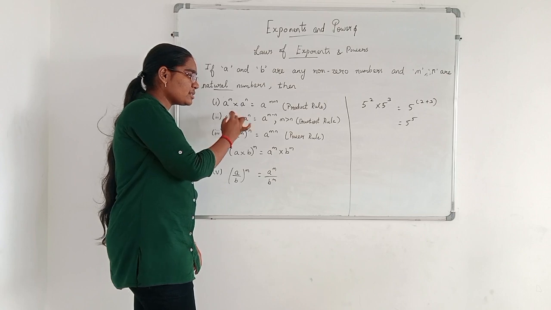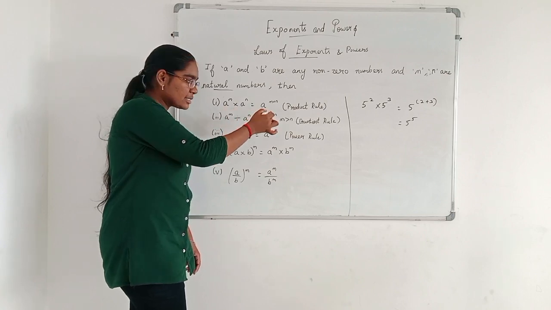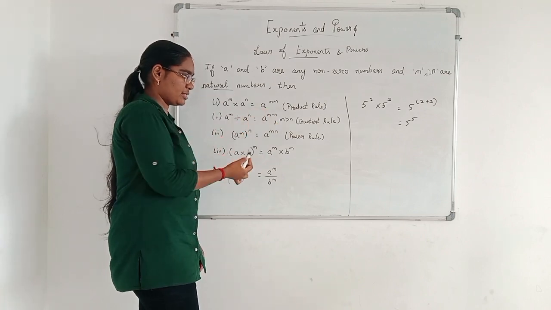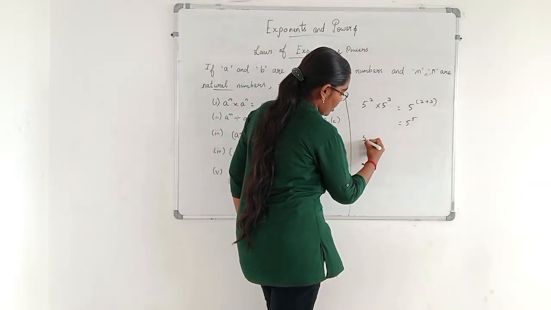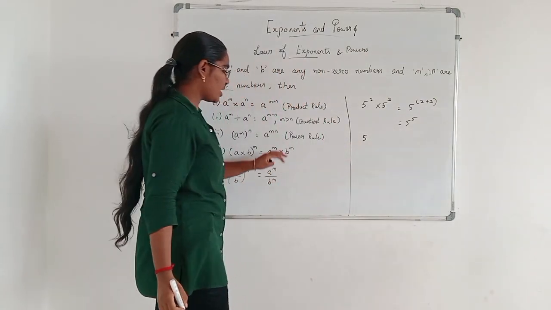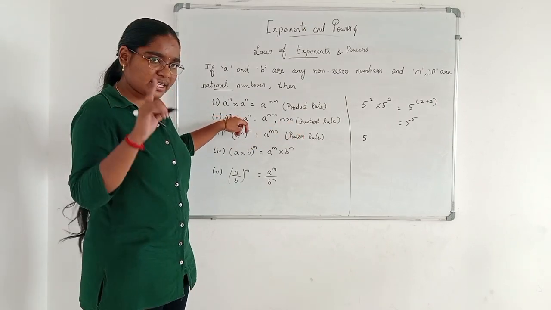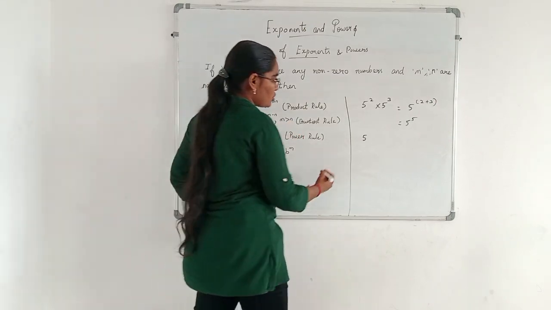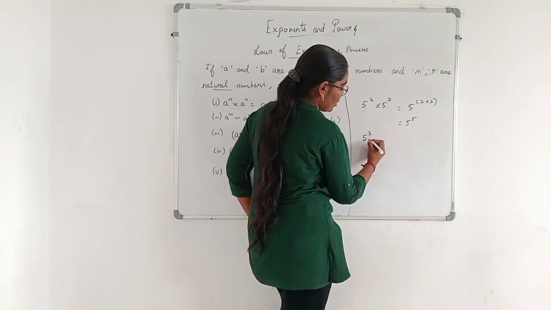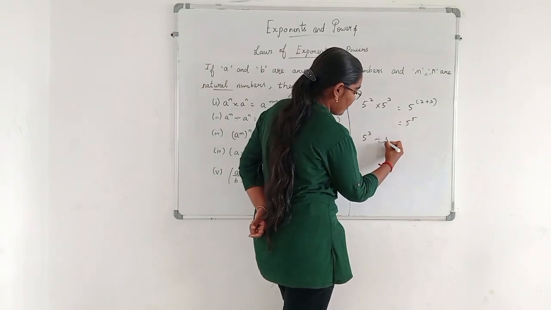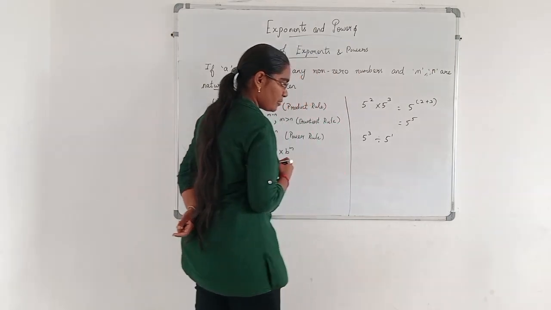Here the exponent is different and you can subtract those exponents. For example 5, and the given condition is m greater than n. That means the first exponent should be greater.